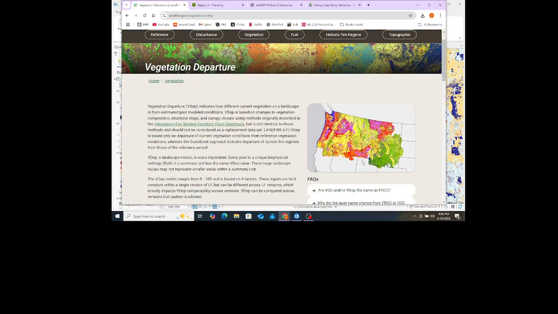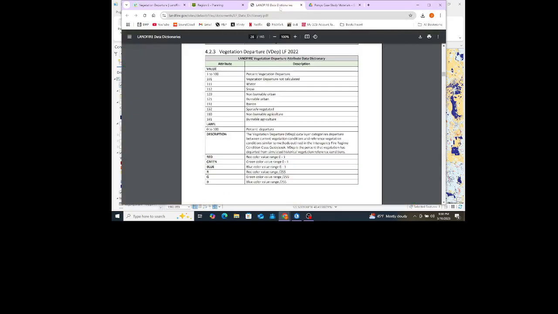And so specifically, the layer that we're looking at is telling us the vegetation departure, which indicates how different current vegetation on the landscape is from estimated past conditions. And we have a range of values associated with that, 1 through 100, that's our percent vegetation departure. So that's pretty self-explanatory.